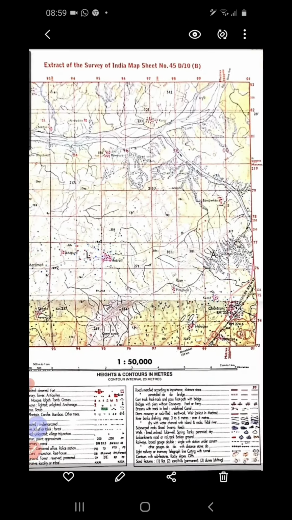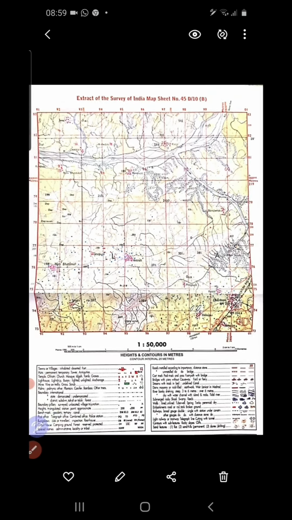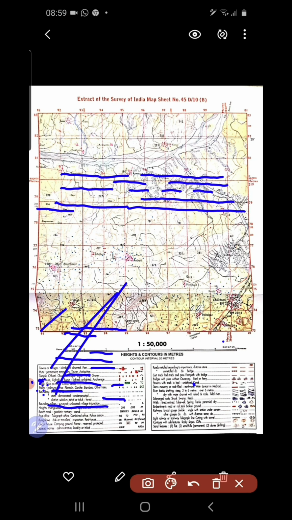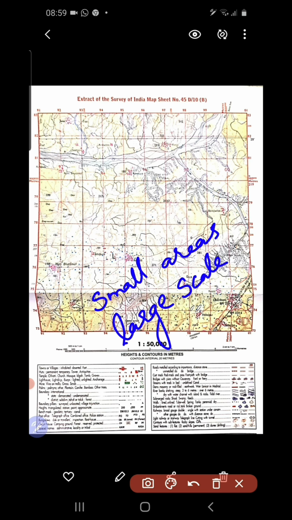Now what is a topographical map? You see this is the topographical map. You see this is more clear. These topographical maps represent small areas, and they are large scale maps.